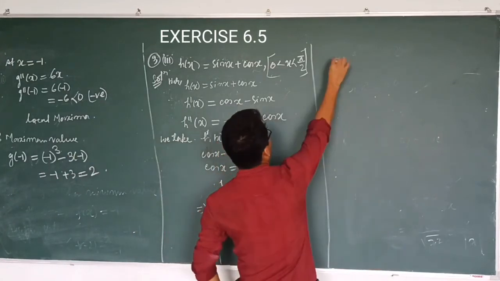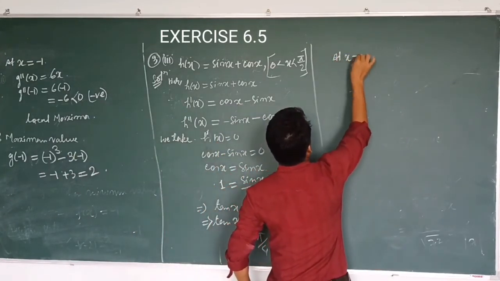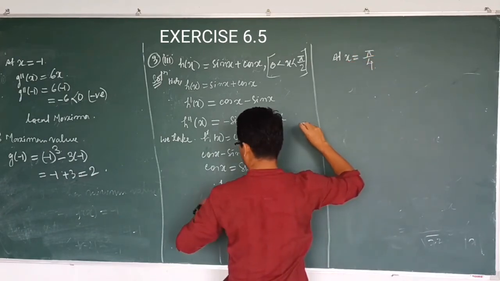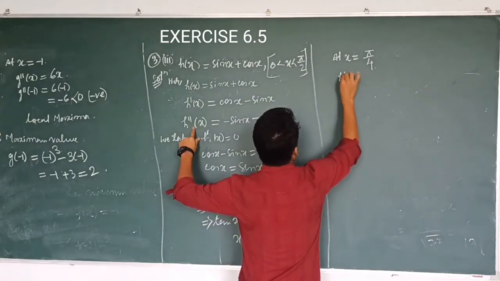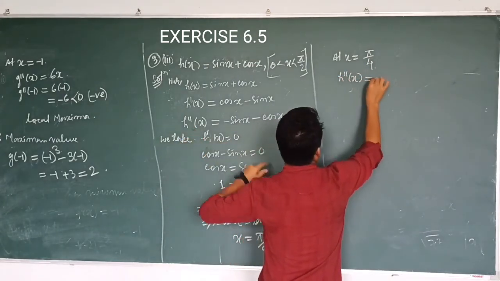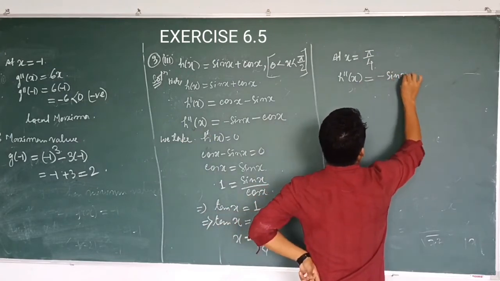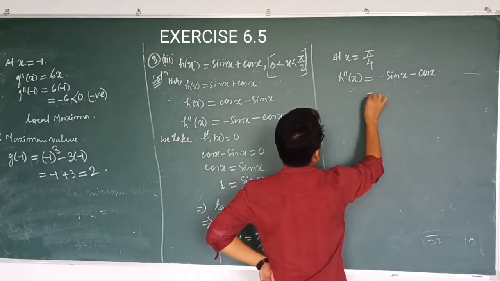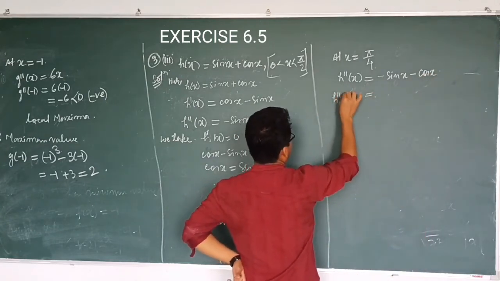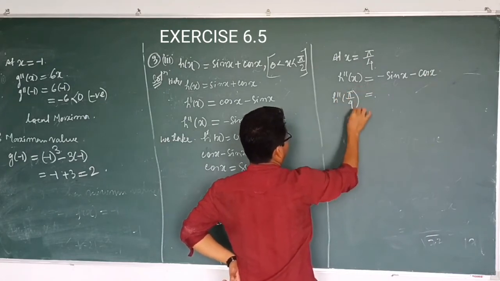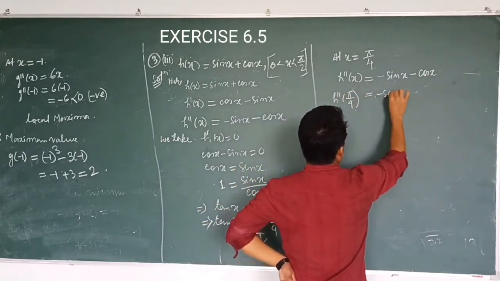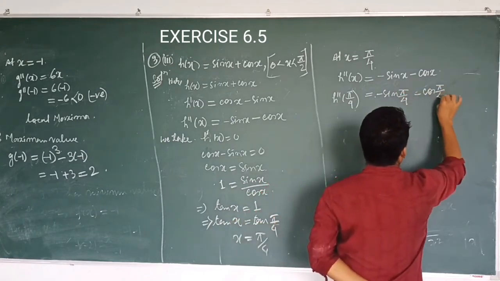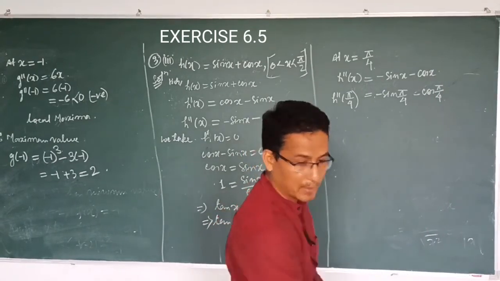Here we will put it in h double dash x, which we already got: minus sin x minus cos x. So h double dash at pi by 4 is minus sin pi by 4 minus cos pi by 4.